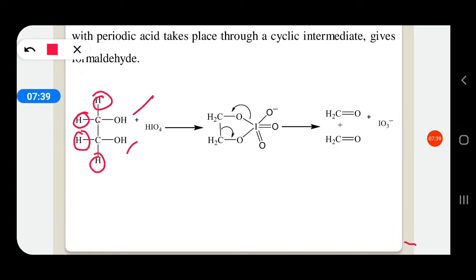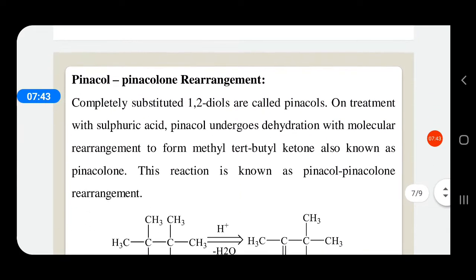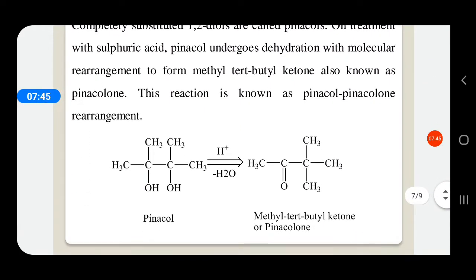Pinacol is a completely substituted 1,2-diol. Here it is substituted with two methyl groups on each carbon, so both the carbons are completely substituted. So this is Pinacol.